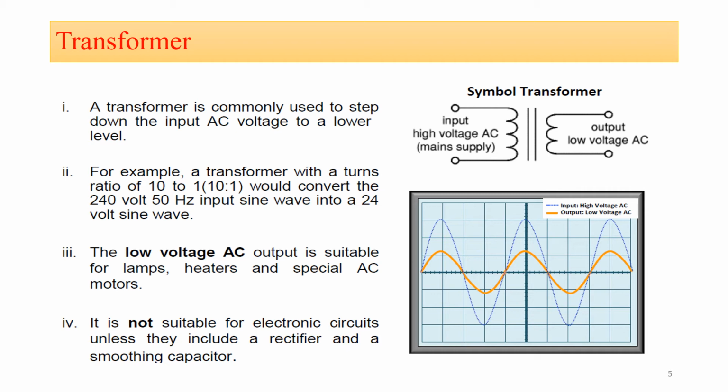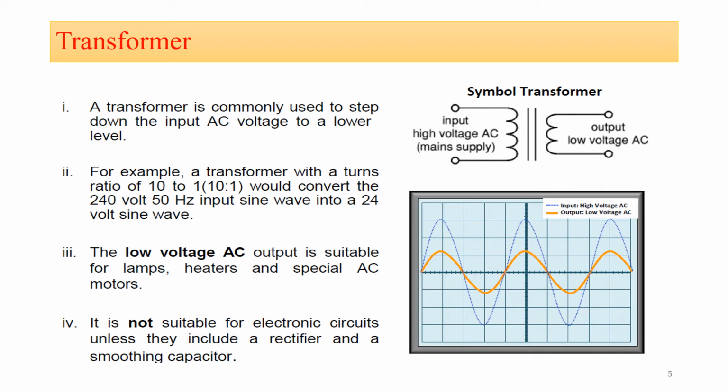For example, a transformer with a turns ratio of 10:1 would convert the 240 volt 50 hertz input sine wave into a 24 volt sine wave, meaning 240 divided by 10, the output will be equal to 24 volts. So the low voltage AC output is suitable for lamps, heaters, and special AC motors.